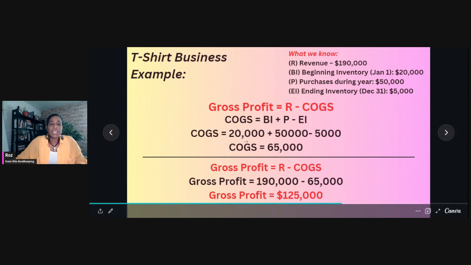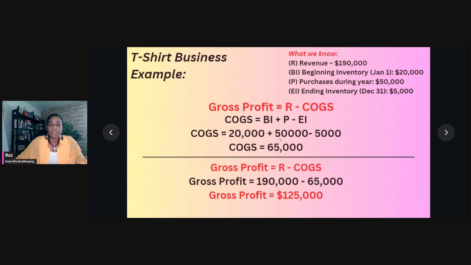The COGS equals 20,000, which is the beginning inventory, plus 50,000, which is the purchases during the year, minus the ending inventory, which is $5,000 in value. So that comes out to $65,000 in value of COGS.